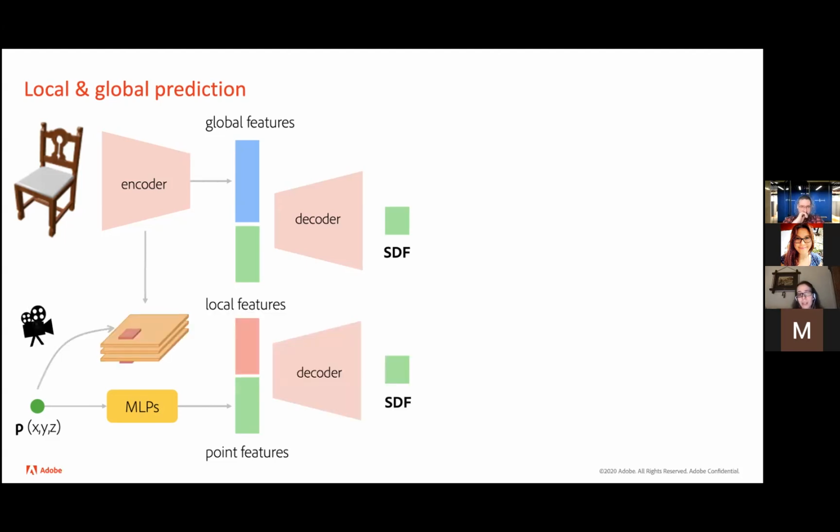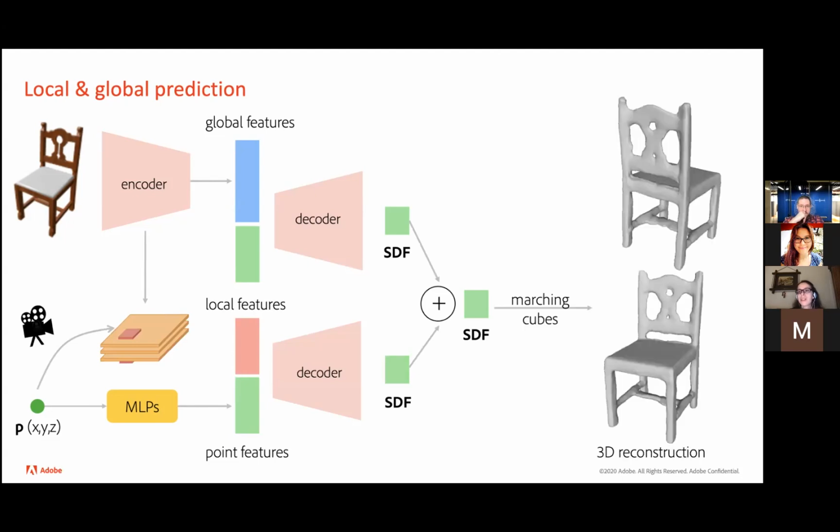And then we have another decoder that takes the point features and the local features and makes another signed distance prediction. And then we concatenate the two. You can think about this as the global branch being responsible for learning the overall shape of the object, and the local branch adding the details on top of it. So basically it's learning the residual.